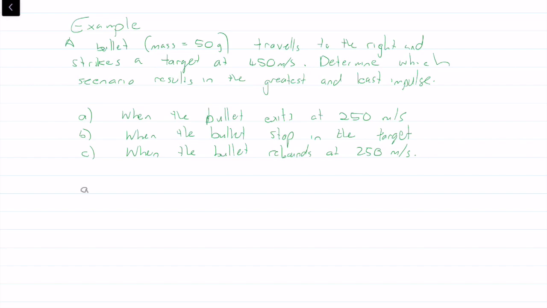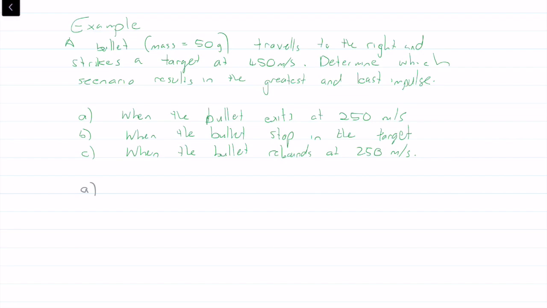Okay, so for A, let's just think about this before we even get into it. When the bullet goes through at 250, it means that there was a force, but it was relatively small in that it didn't stop the bullet.